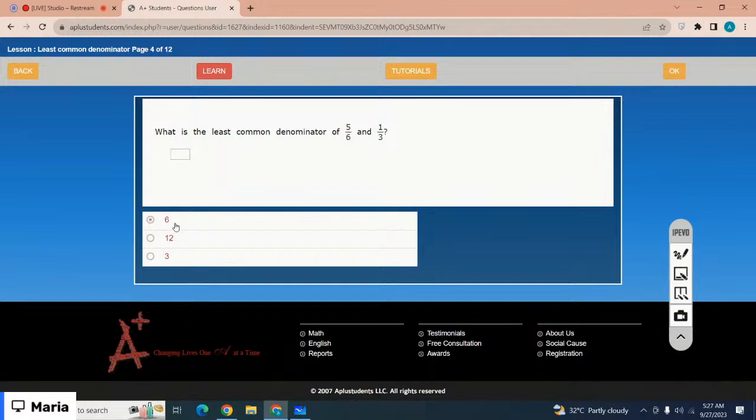That means then LCD is 6, right? If you multiply the smaller number with any number and it makes the greater denominator, then that means the least common denominator is the greater number, the greater denominator, right? That would be then 6.